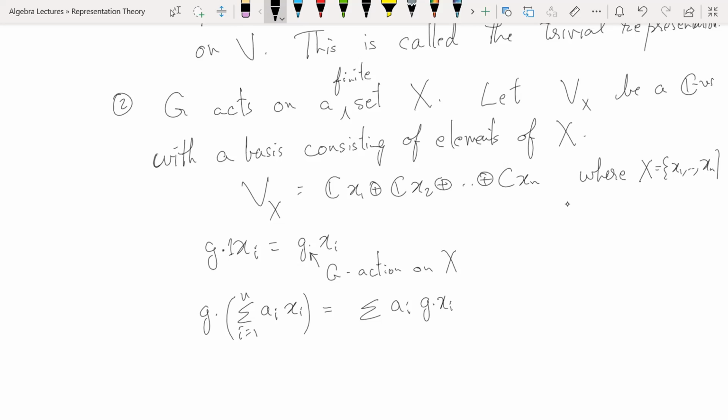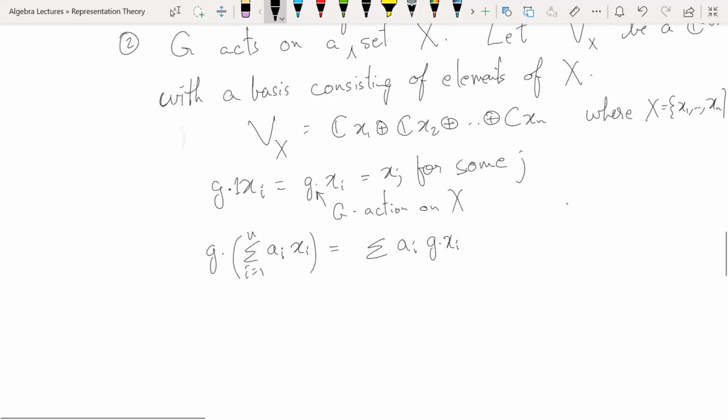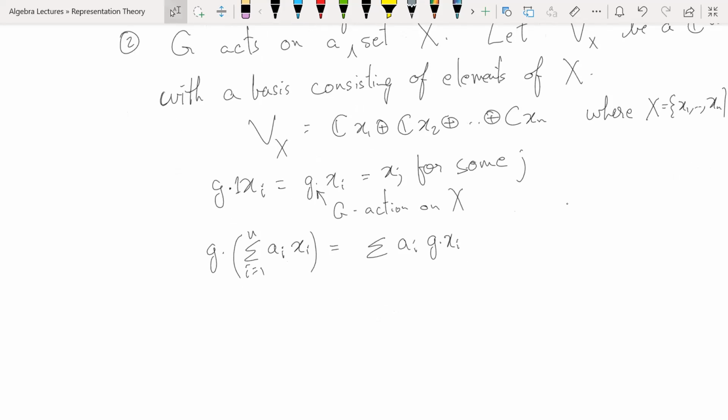So G induces a permutation of x1 to xn. This by definition is an action of G on Vx, which is linear.